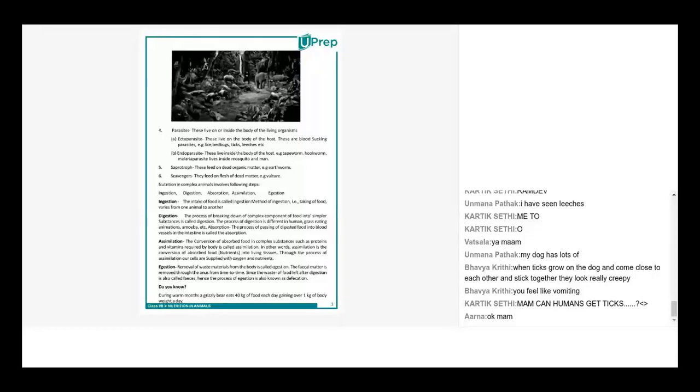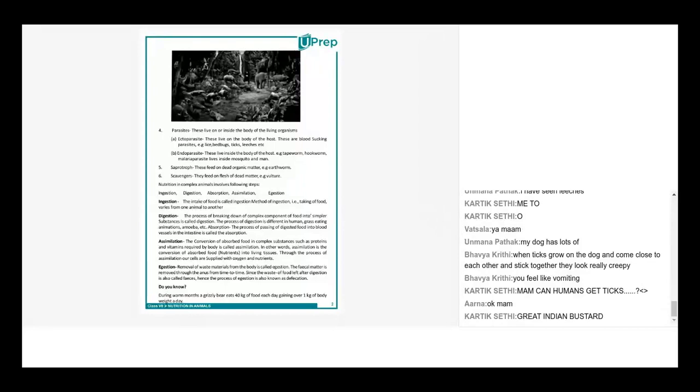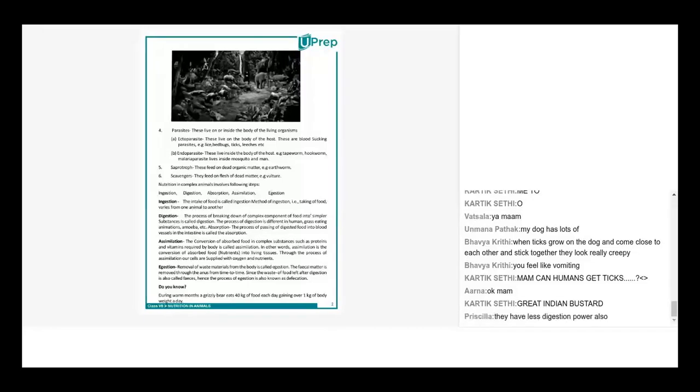If an animal is smaller than them or weak, they can attack and kill it, but that is not always possible because it stays in the wild. So in case it finds dead matter, it will thrive on it. So it has both options. Omnivorous means plants and animals, and a hyena will not eat plants. A hyena can be a carnivore and can be a scavenger, but mainly it is a scavenger. Okay, ma'am.